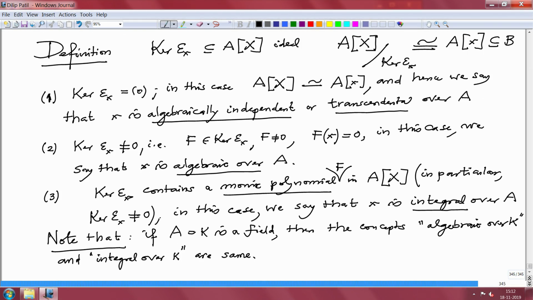And one more thing I will mention here. Normally when one studies field theory or Galois theory, one assumes the base ring is a field and also the algebra is a field. But here the algebra is an arbitrary algebra and we are allowing even non-commutative.